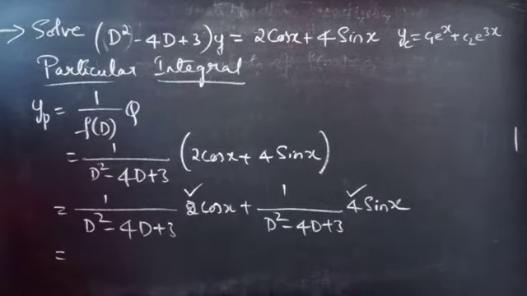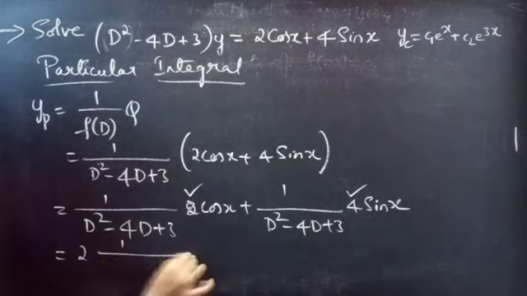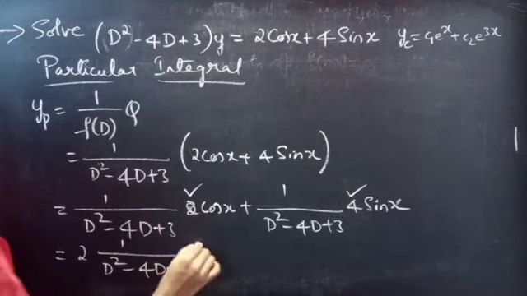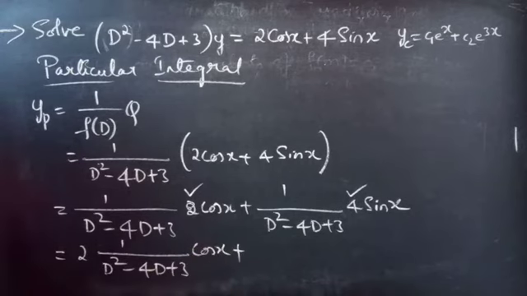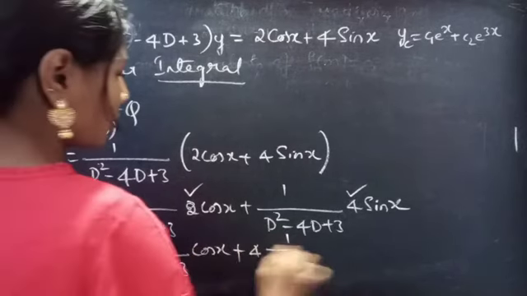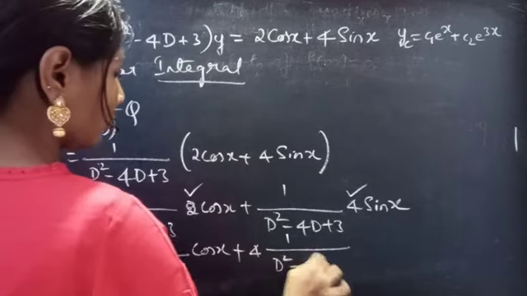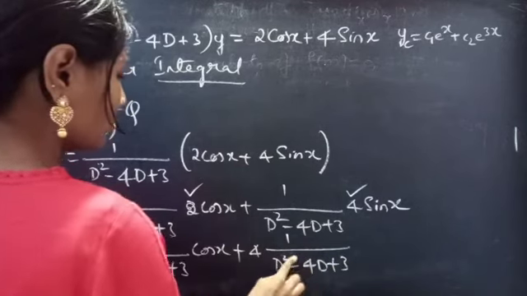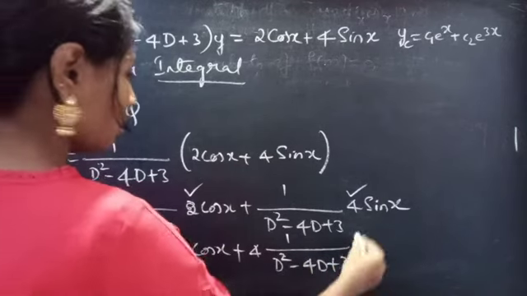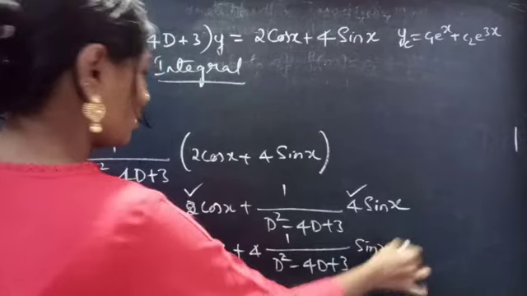We'll get 2 into 1/f(D) into cos x plus 4 into 1/f(D) into sin x.